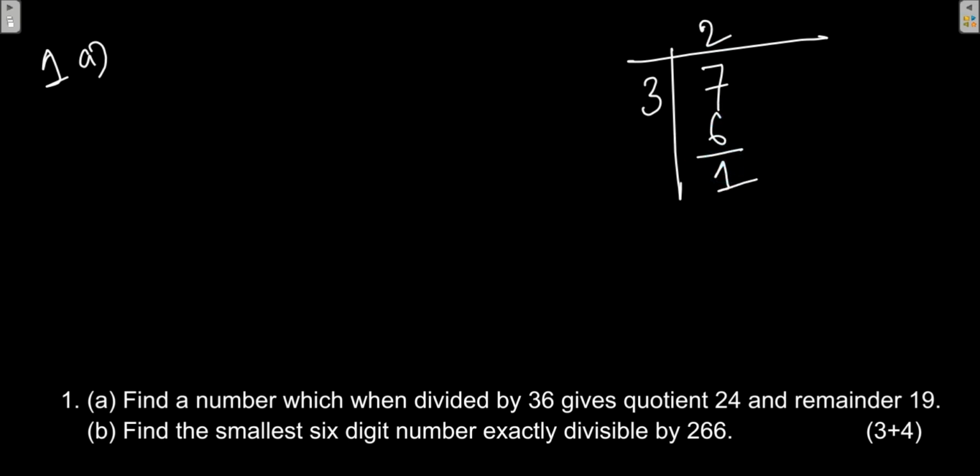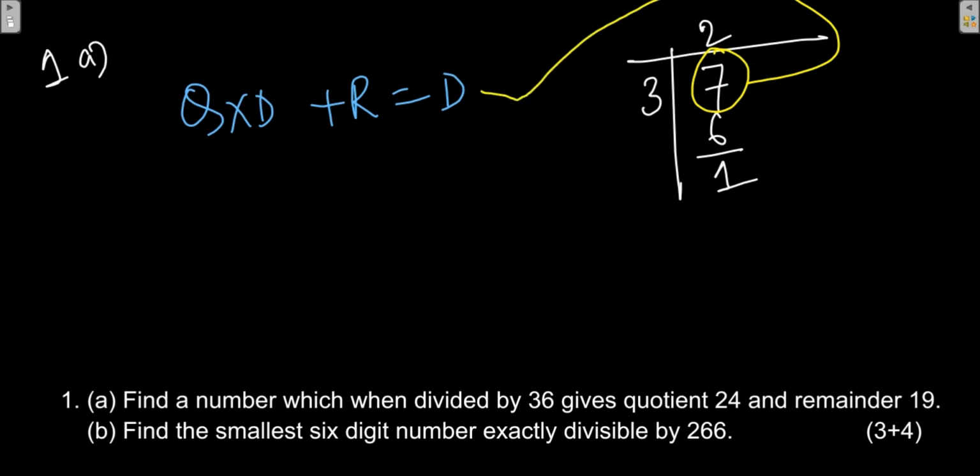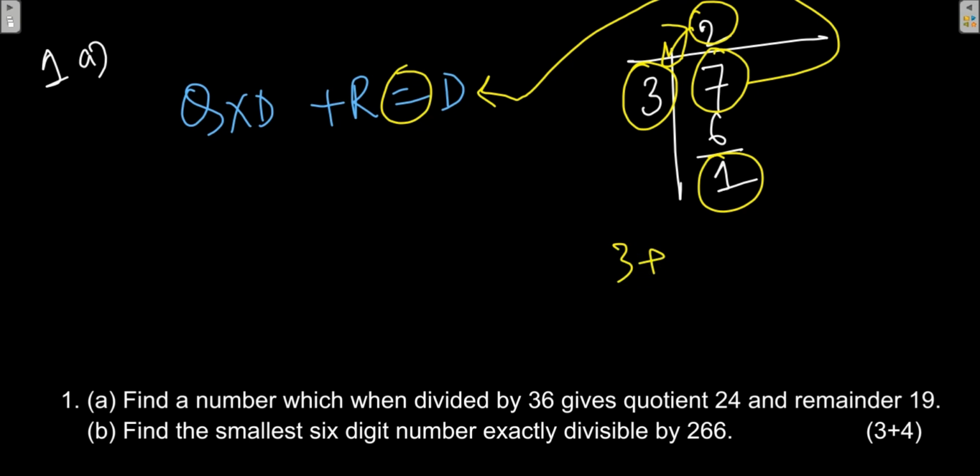All of you know this formula: quotient into divisor plus remainder is equal to dividend. If I compare, 7, your dividend, is equal to the multiplication of your quotient and divisor, 3 into 2, plus 1. You can check it: 3 into 2 plus 1 will again be equal to 7.